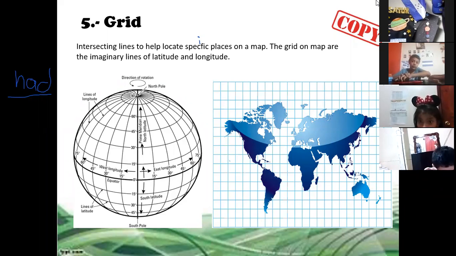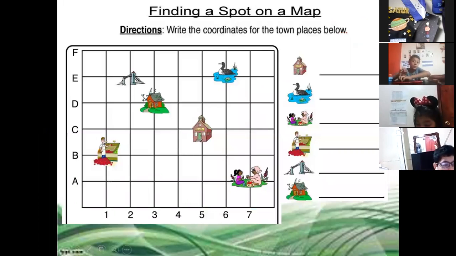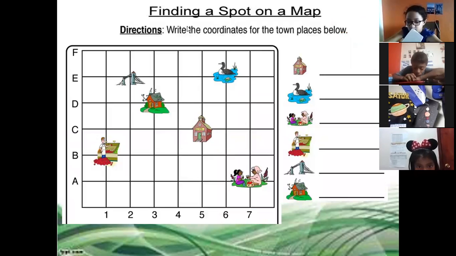Continue. Let's do the example. Look at this example. This example is like your homework, the homework you have to do. Copy that. Now, help me to find a specific spot on the map. This one, the house is here, right? So how does a grid work? A grid is a pair of coordinates location.